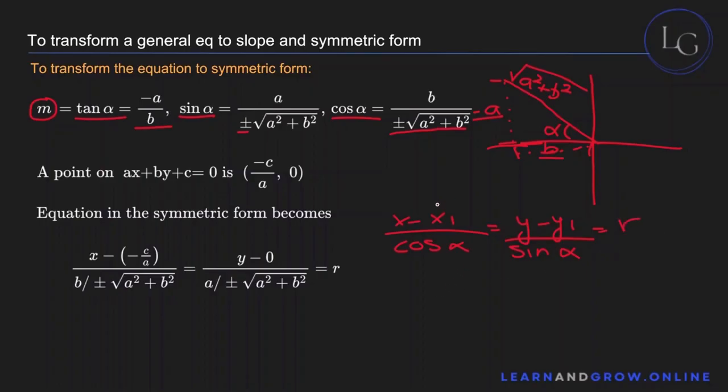And this x1 and y1 come from the point, which is the x-intercept. So x1 is equal to minus c over a, and y1 is equal to 0. We already know that cos alpha is this and sine alpha is this, so once you plug those values in, you get this. And this is the symmetric form.